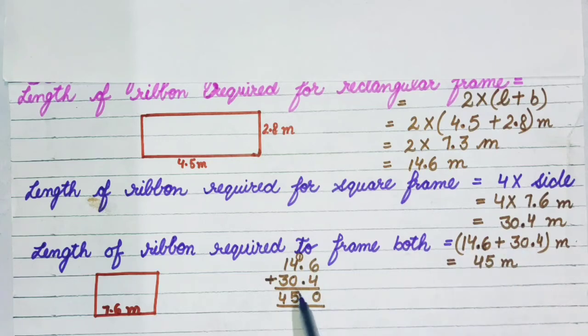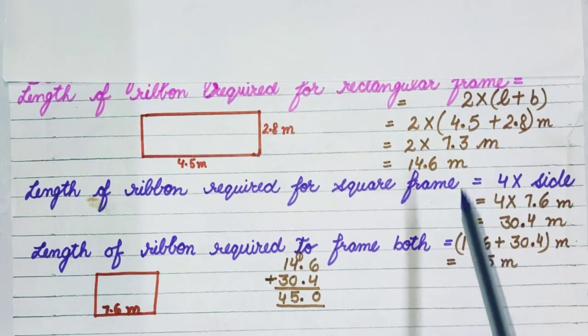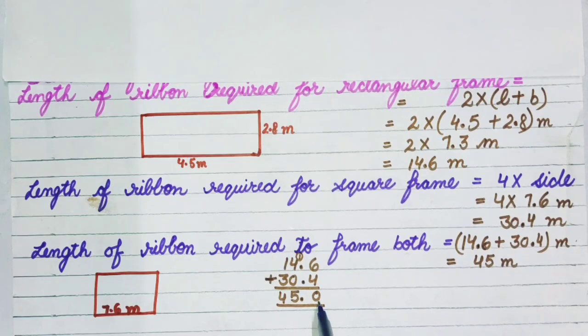See, before the point, 30 is there, so we will put 30. After it 0.4 is there, so after the point we put 0.4. If you do not follow this, point below point, your calculation will be wrong. When you add, you will get 45.0. It's your choice students if you want to put 0 or not. So the answer is 45 meter total ribbon which is required for both the frames. Clear students?